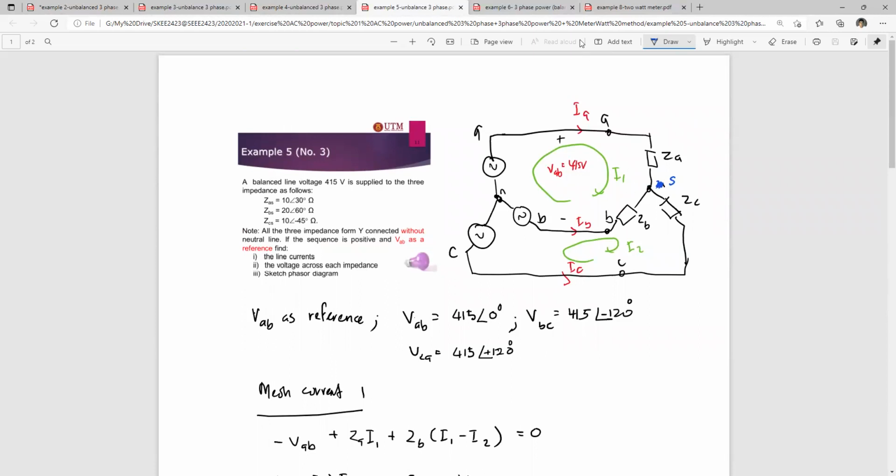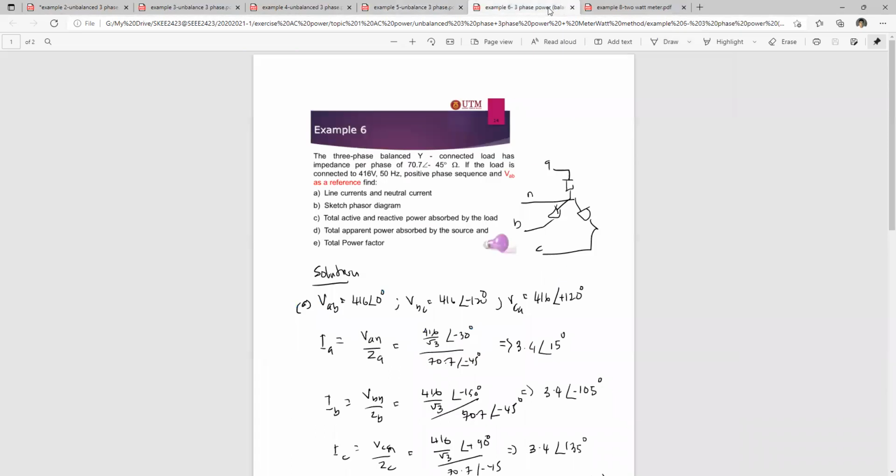Next, we go for example 6. This one is an example of three-phase power calculation. This example is shown here where the load is connected in Y connection, and it is a balanced system, with the impedance for each phase given as 70.7 angle negative 45.